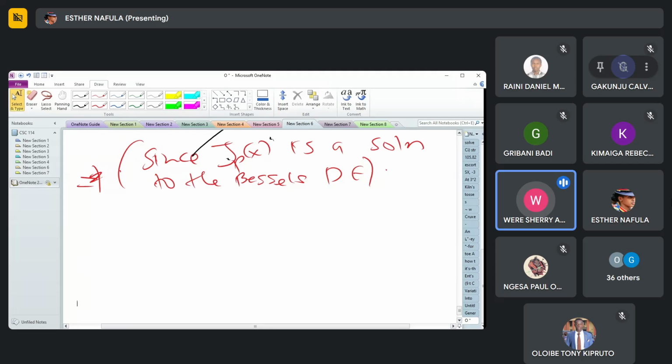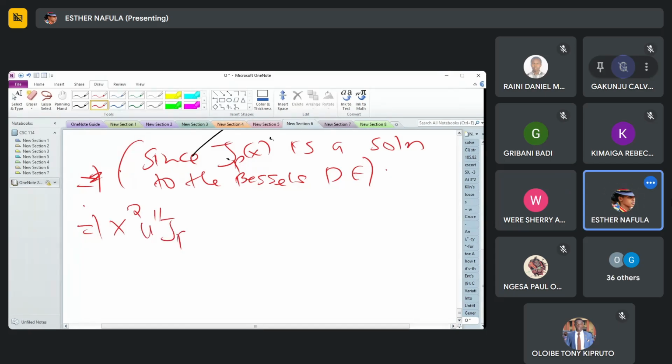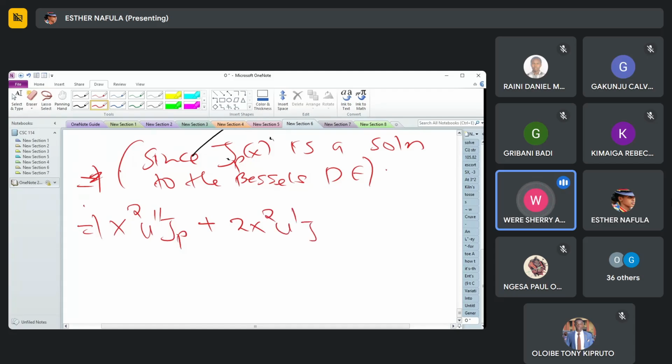x squared u double prime jp plus 2x squared u prime jp prime plus x u prime jp equals 0.